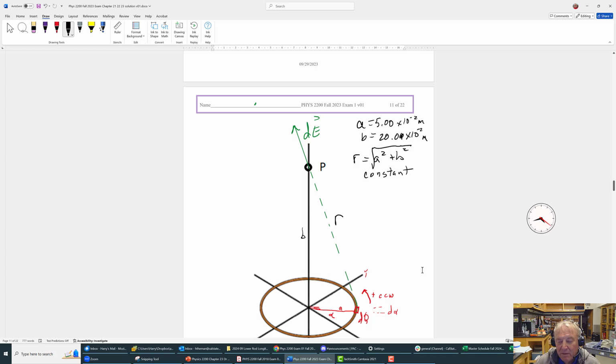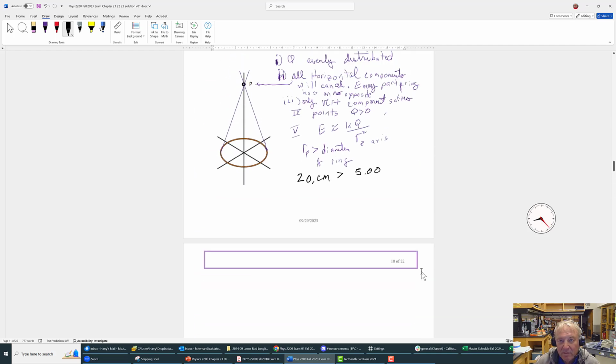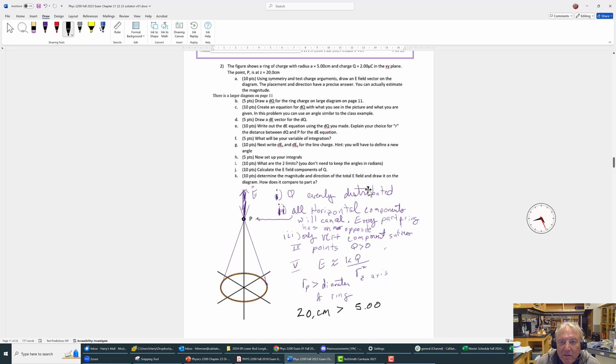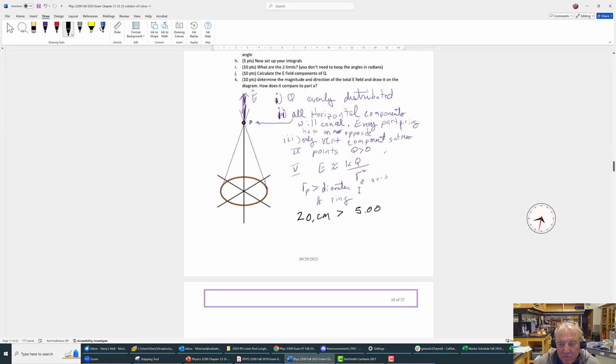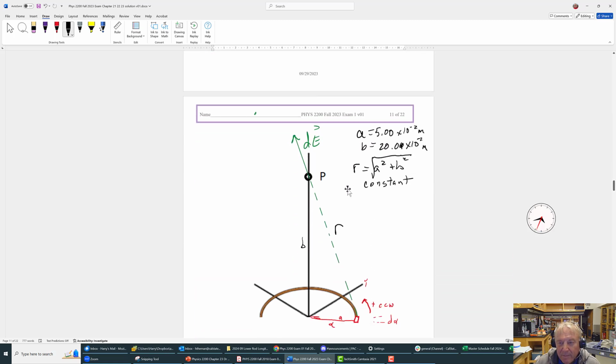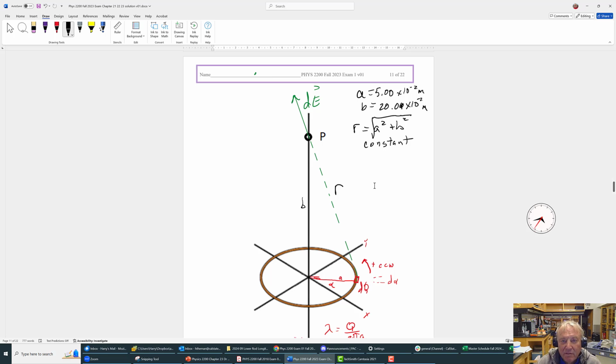So, what's next? Explain, so we have to write out an equation for it. dE is equal to k dQ over R squared.